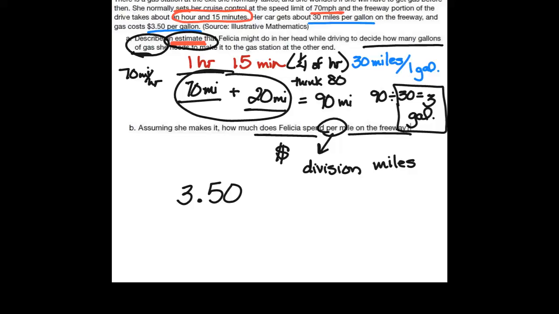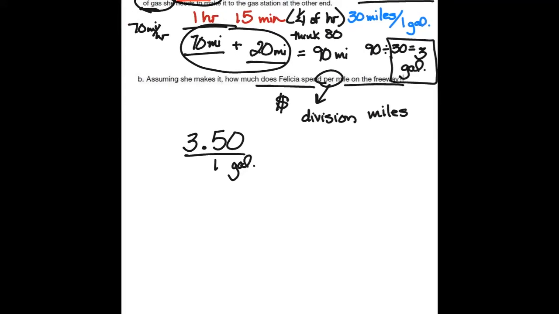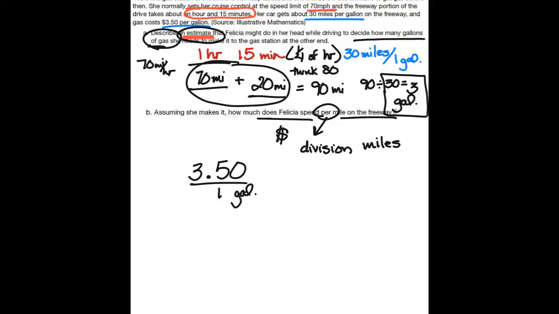Okay, so that's per 1 gallon. All right, what else do we know? And she can go, how many miles do you want to say? Well, we're kind of getting two things different here. So this $3.50 is for 1 gallon of gasoline.